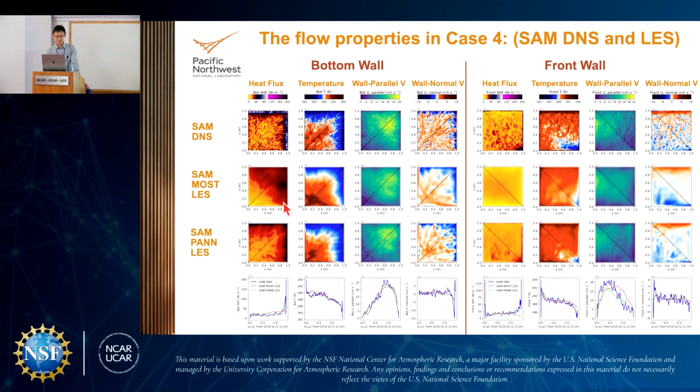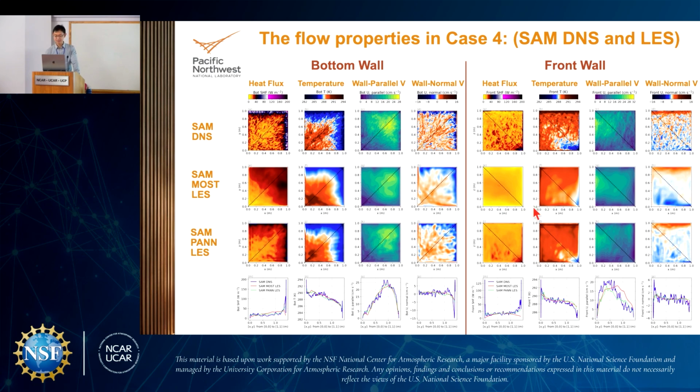However, even without the proper distribution of heat flux, if we look at other flow properties like the temperature and the velocities, we can see that their distribution is actually not too bad. Because if the mean heat flux is reasonable, then advection will properly redistribute those properties.